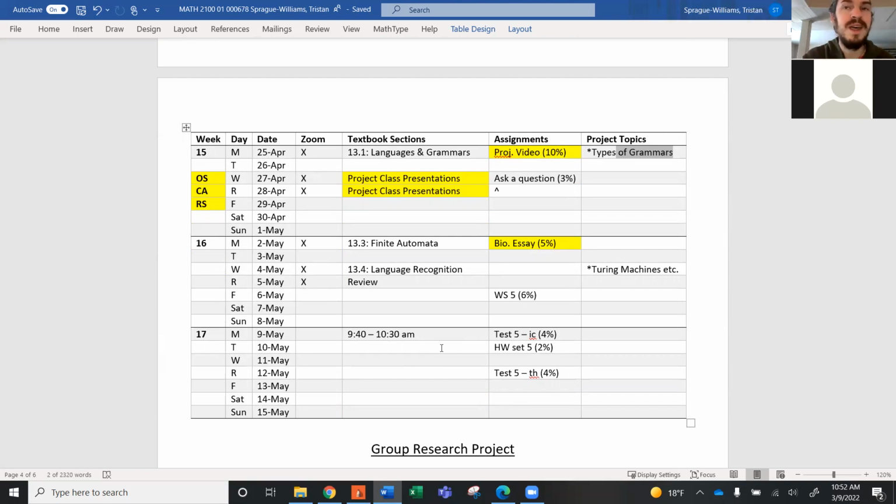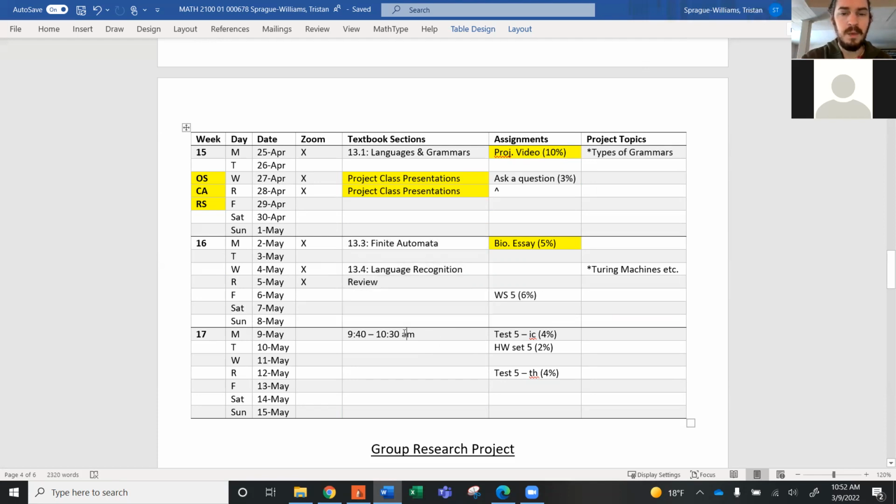Or machine code. These are formal languages that have not semantics, but syntax, grammar rules to them. And there are different types of grammars that can be applied to generate different types of formal languages. And you could do a whole project on that subject.